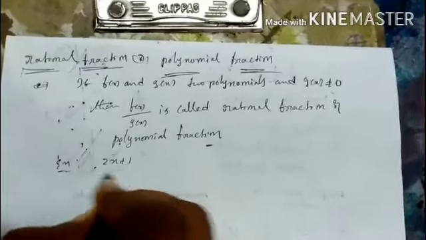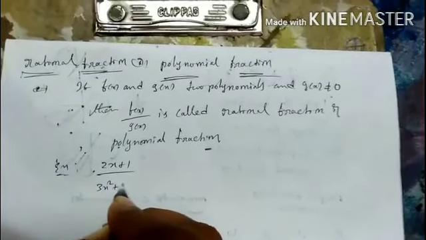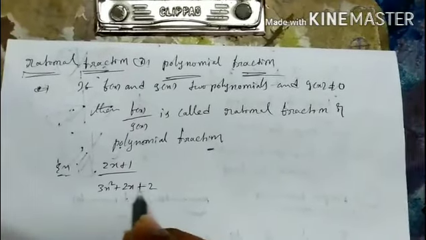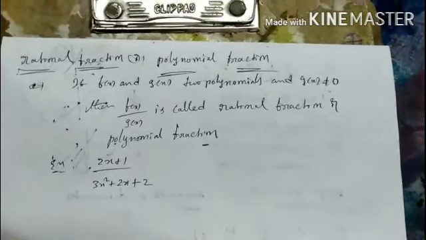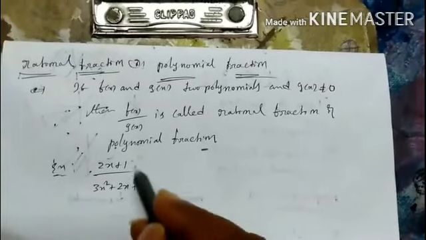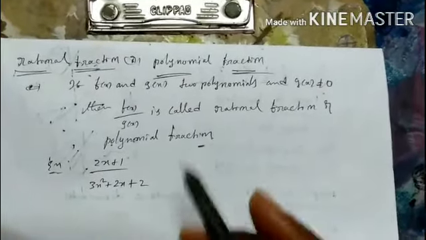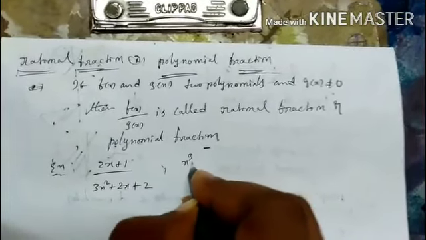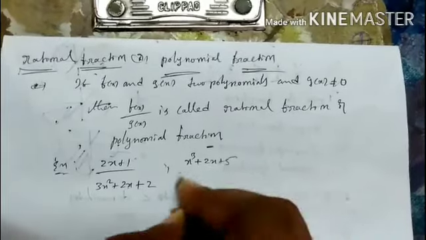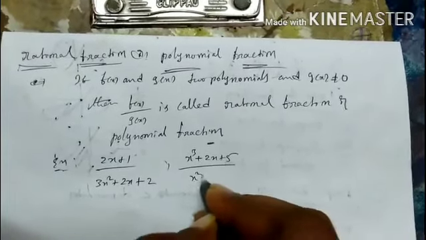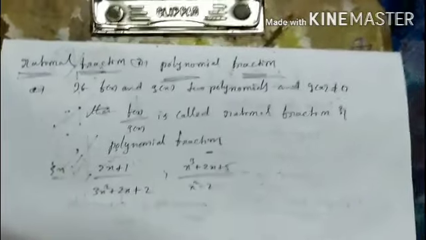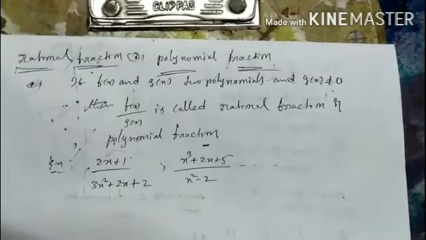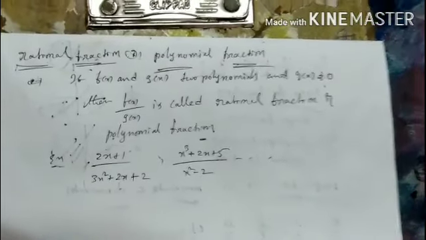Suppose 2x plus 1 by 3x square plus 2x plus 1. Clearly this is a first degree polynomial, this is a second degree polynomial, in f of x by g of x form. That's why this is called a rational fraction. Next, x cube plus 2x plus 5 by x square minus 2. Clearly this is a cubic polynomial, this is a quadratic polynomial. That's why this is also called a polynomial fraction.